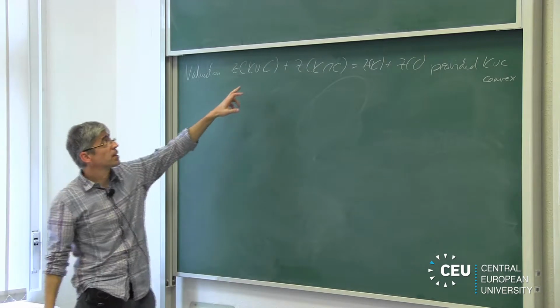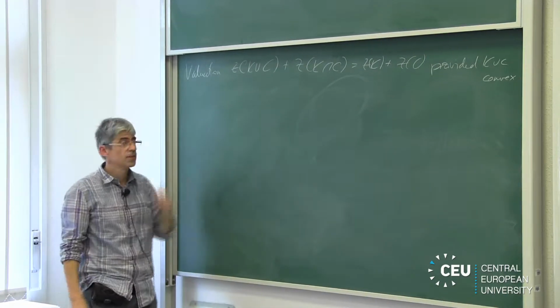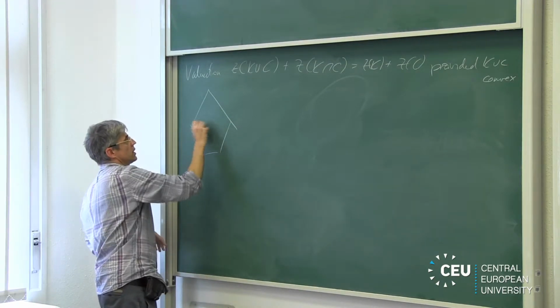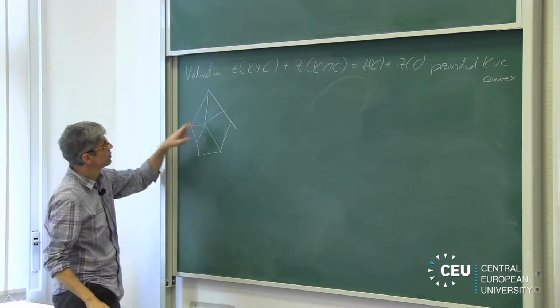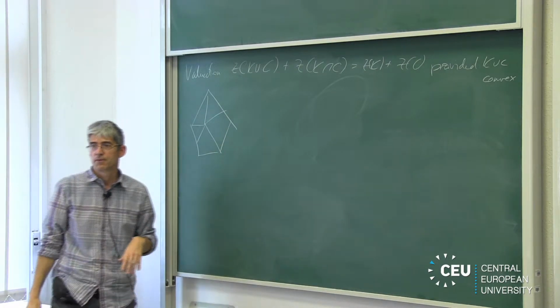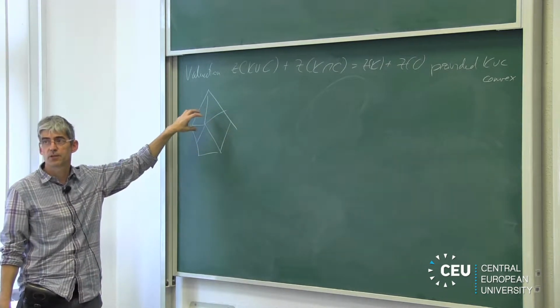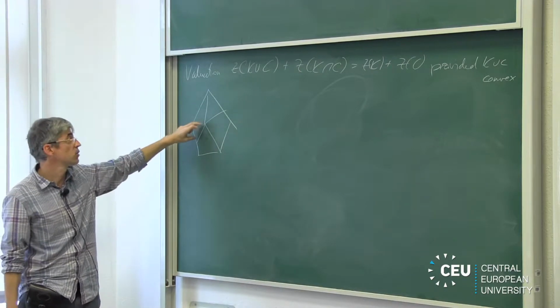So one may ask, what happens if I have more sets? If I have a polygon and I subdivide it into, in this case, 5 sub-polygons, can I reconstruct the value of the big polygon from the values at the small polygons, or maybe also taking the intersections?